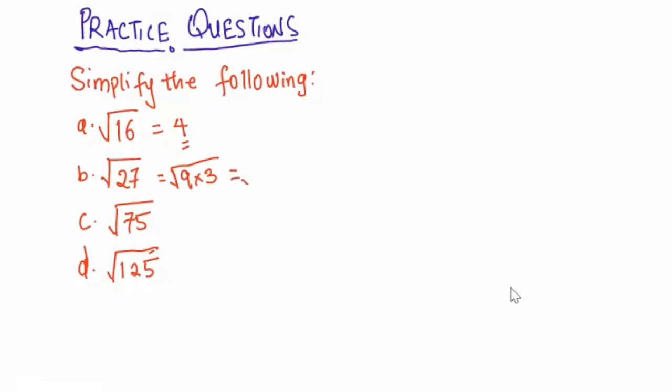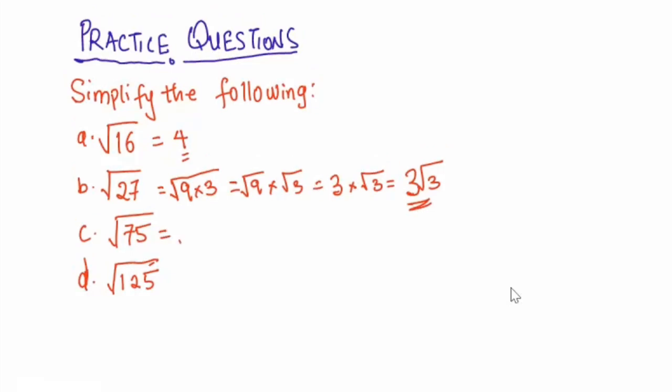Again, give them their individual square roots: root 9 and root 3. The square root of 9 is 3, so the final answer becomes 3 times root 3, but you can simply join them together as 3 root 3. So we have simplified root 27 to be 3 root 3.